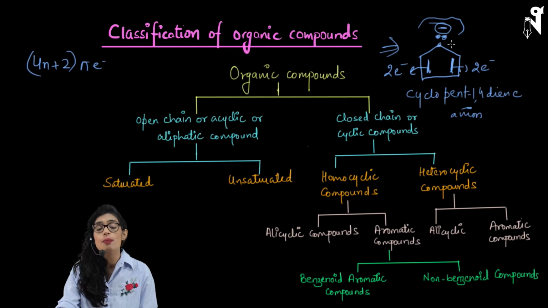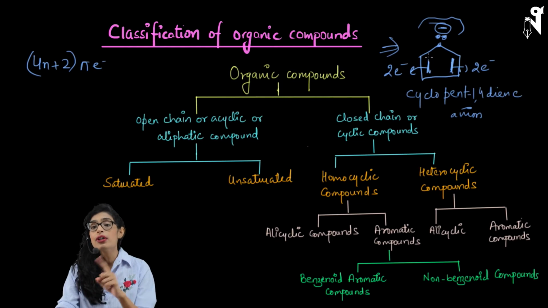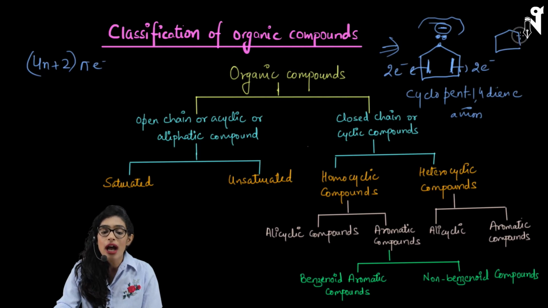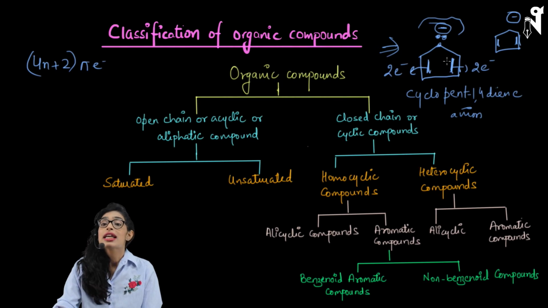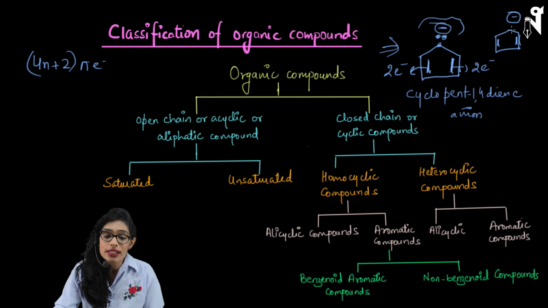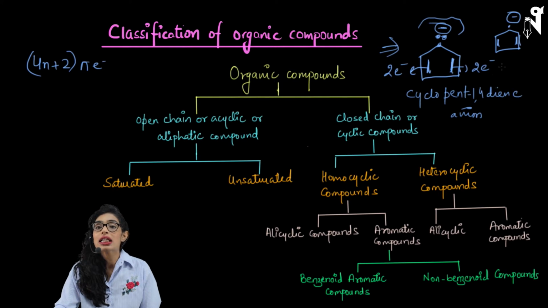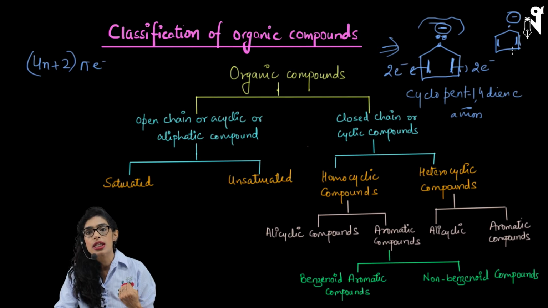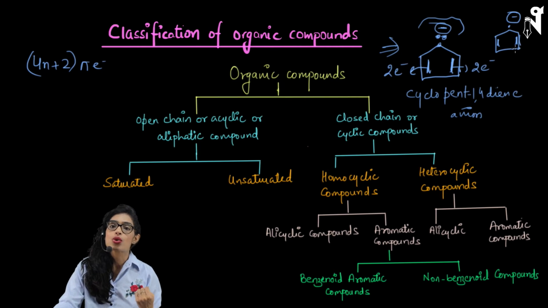So these two lone pair of electrons are also called pi electrons. Even if these are not mentioned over here, you still have to have the simple understanding that the negative charge is due to the carbon's own electron, and the other electron has to be the electron taken away from the species which was originally present over there.